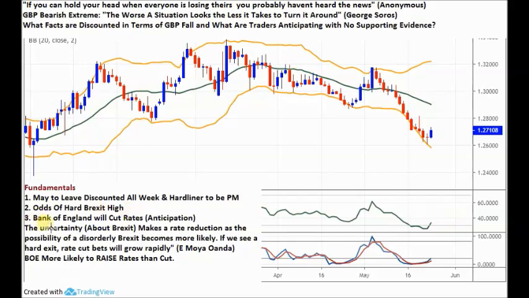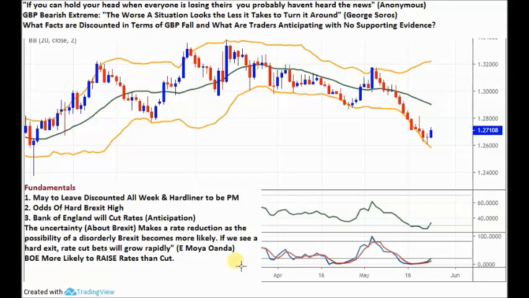But point number three is clear anticipation from traders with no supporting evidence. Let me just read you a quick quote. The uncertainty about Brexit makes a rate reduction more likely as the possibility of a disorderly Brexit becomes more likely. If we see a hard exit, rate cut bets will grow rapidly. They've all actually already grown rapidly. A lot of people are talking about rate cuts, traders and investors.